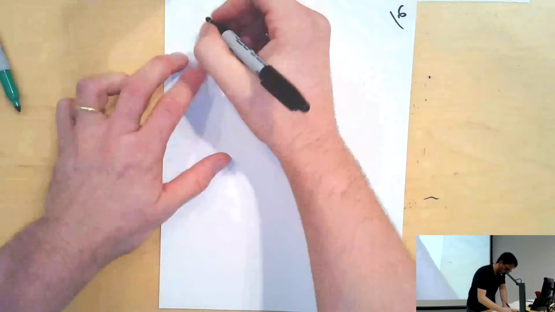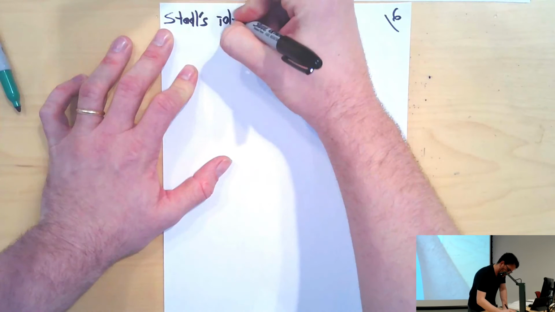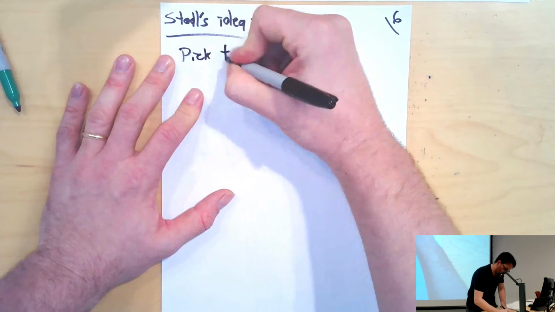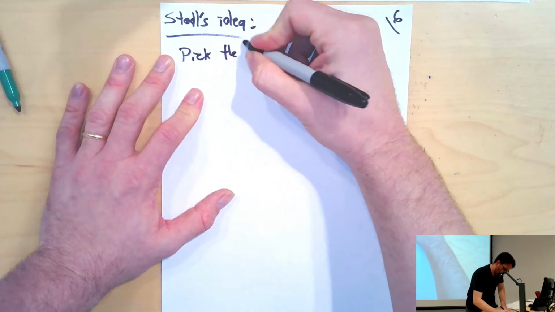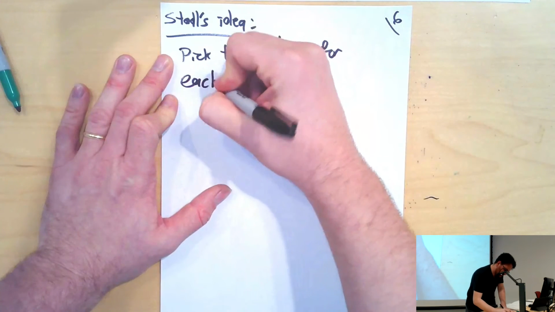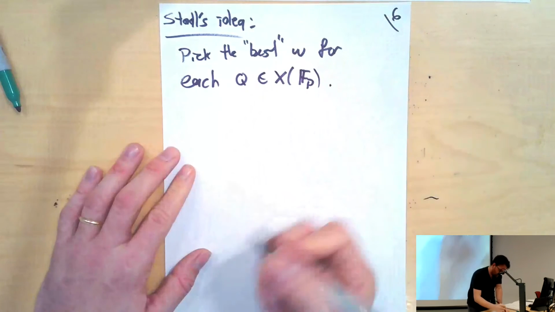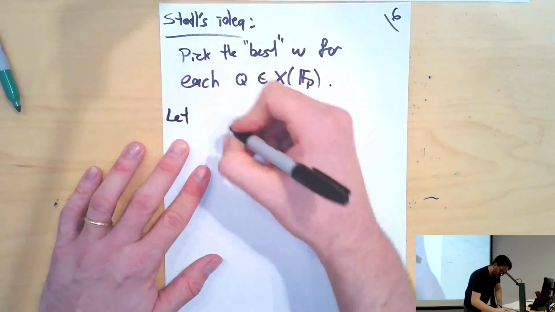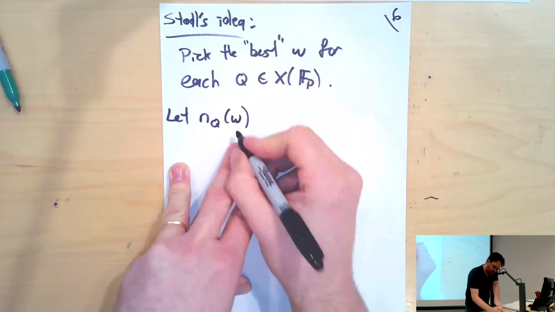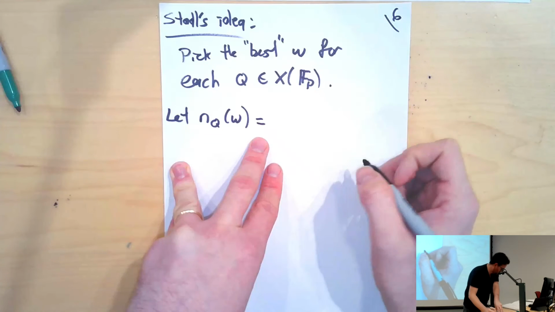So Stoll's idea is to pick the best differential for each disk. So define, now I'll introduce a W, and this will be the NQ from before.